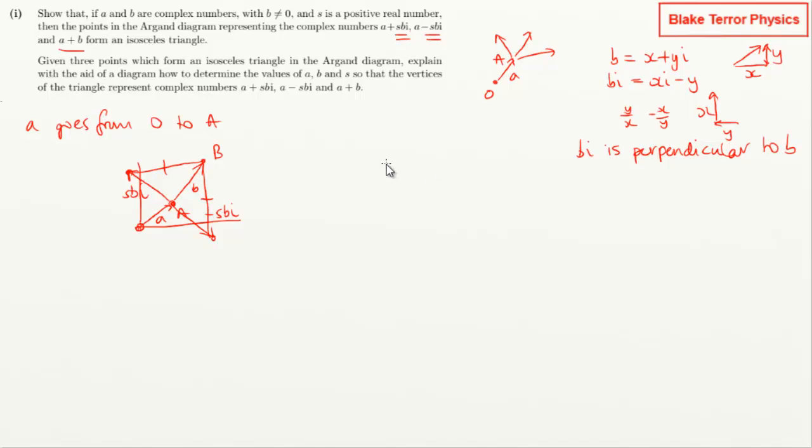So what am I going to say? I don't really know how to put this into words. So A goes from O to A, so let's say point A is vector A from the origin.